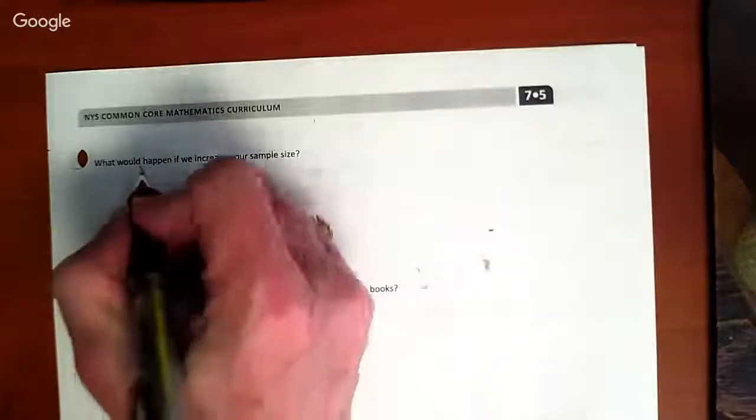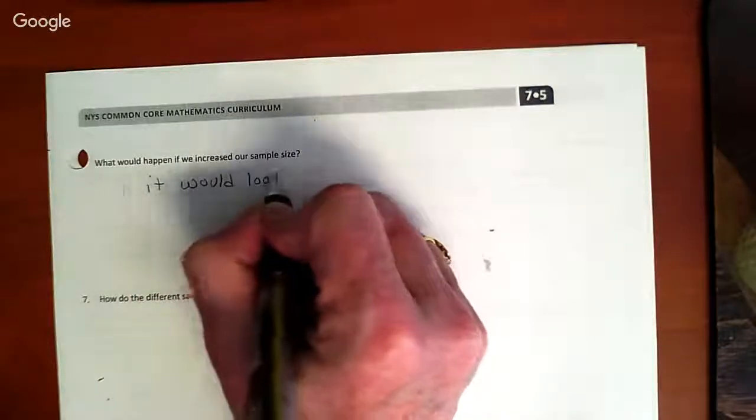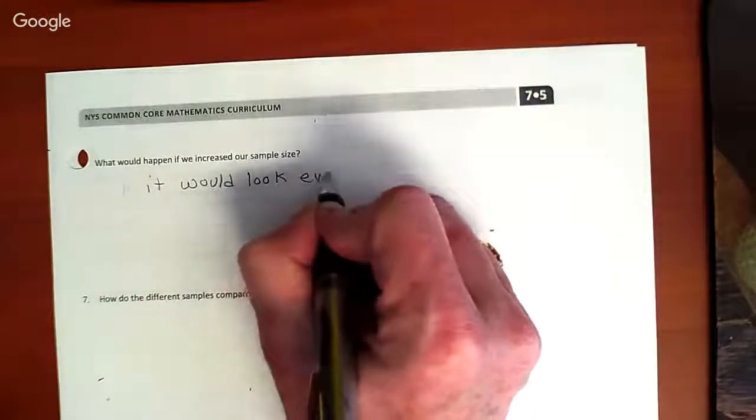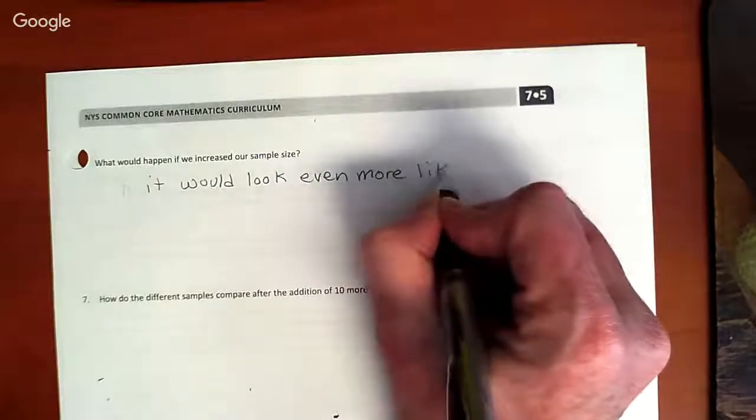It would look even more like the population.